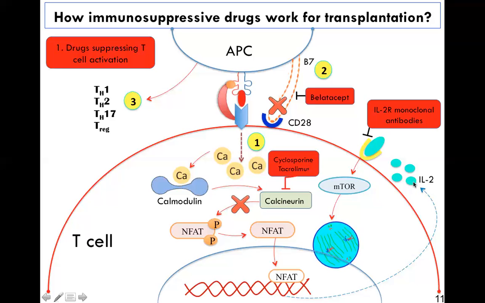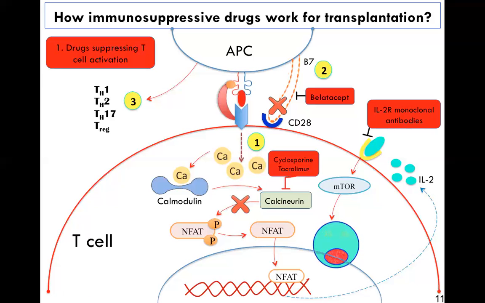These antibodies compete with IL-2, so if they bind with that receptor, IL-2 could not bind. If it could not bind, mTOR will not be activated and clonal expansion will stop. So this is another way. These are all the possible ways we can stop T cell activation.